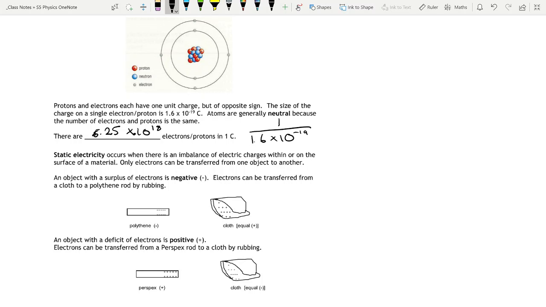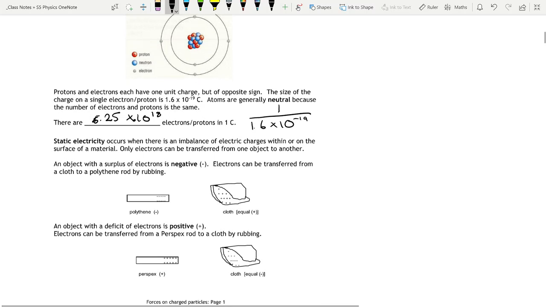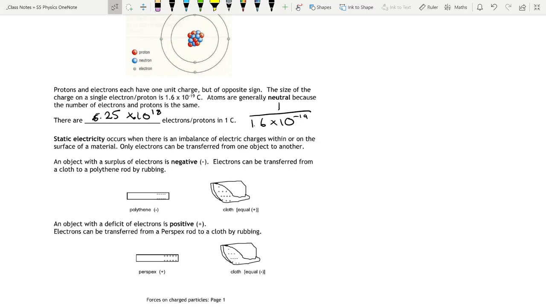Static electricity, which you may have noticed, you have some equipment around that you're going to use in a second, occurs when there's an imbalance of electric charges within or on the surface of a material. Only electrons are transferred, protons are stuck in that nucleus, they can't really move very far, so it's the electrons that do the moving, and they're moved from one object to another.